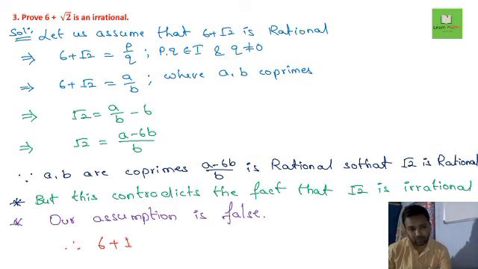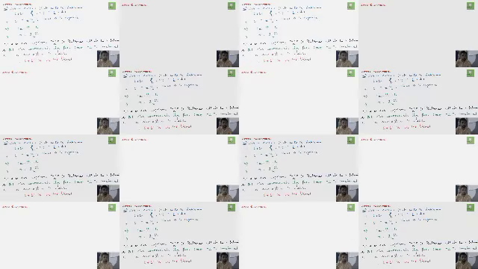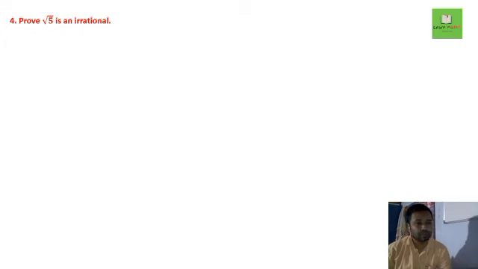Therefore 6 plus root 2 is irrational. So this was the solution of that problem. I hope you understand, and we will move forward to the fourth question.